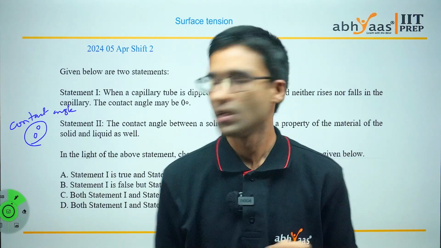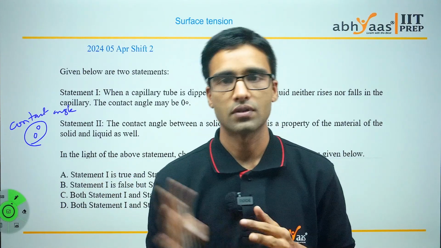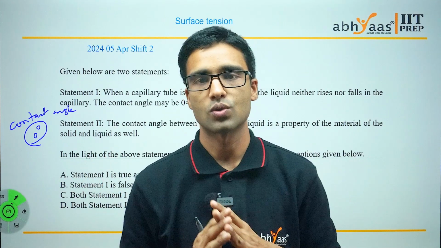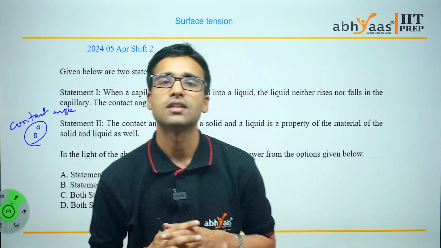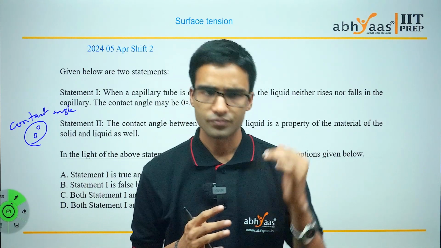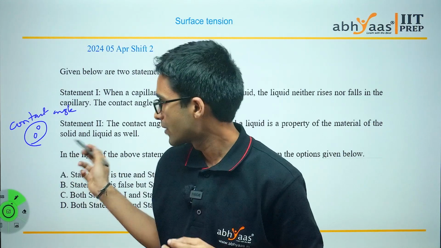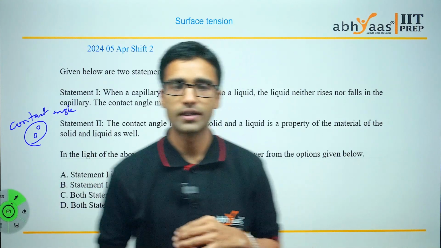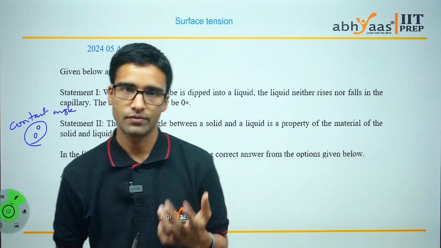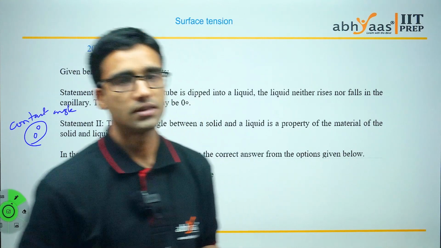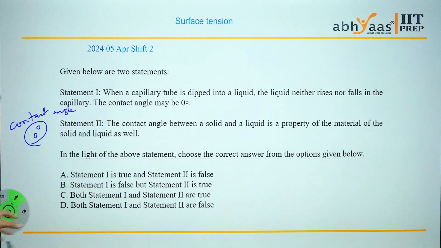I have already given a lot of hints for solving this question, because theoretical things, if I tell, you have to read and answer that. But I have given a hint, contact angle 0 degrees means what happens, is it rising or not rising or not falling.